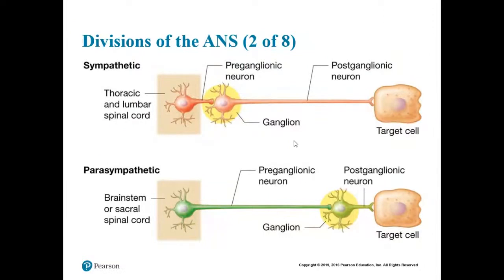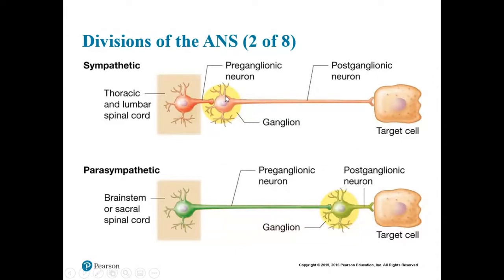But again, and here it is. I'm sorry, I forgot I had this slide right there. This is what I mean by that. The sympathetic division utilizes a spinal interneuron that connects the spinal cord to the ganglion.